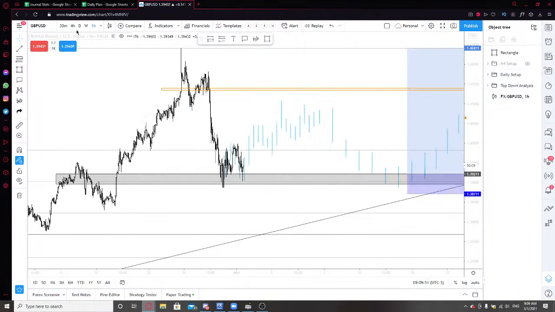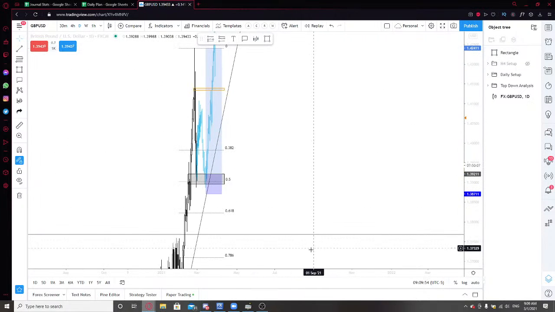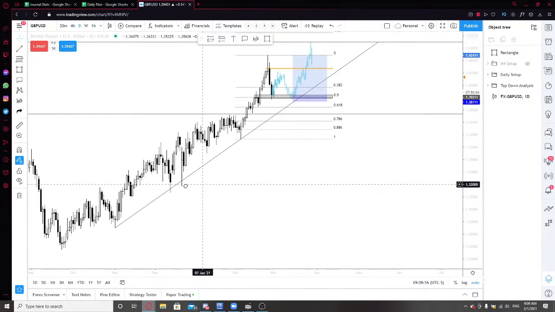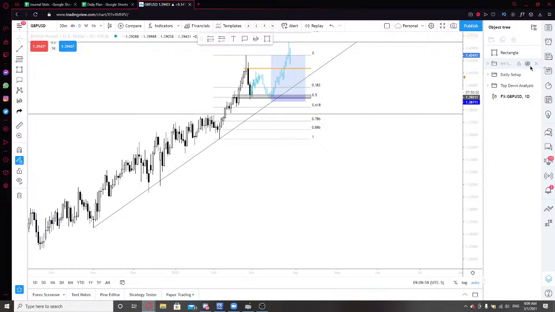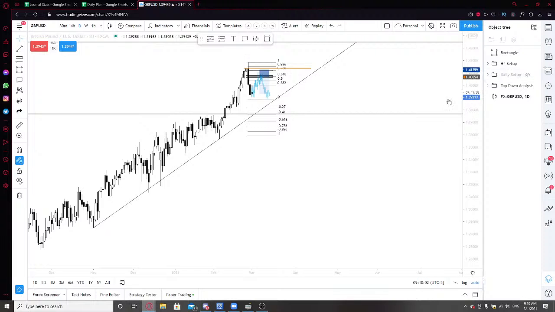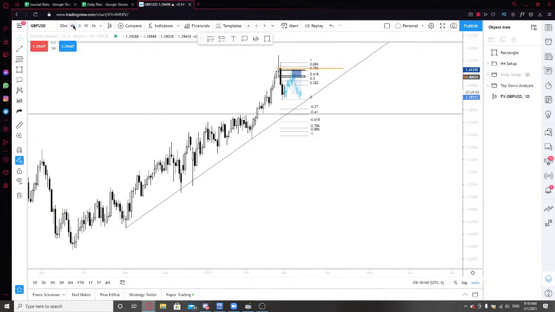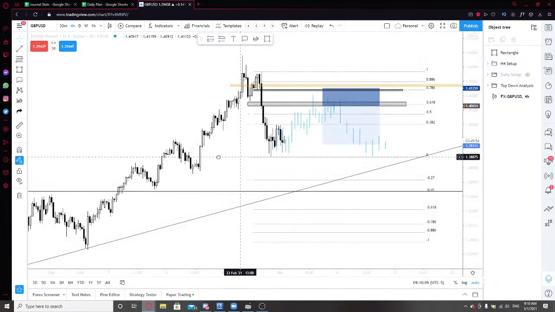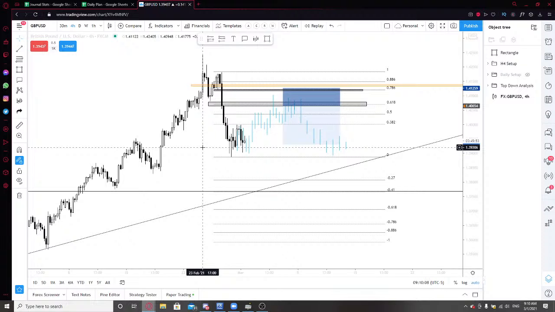Okay. So I have 2 setups on Cable, or pound dollar. And let's go over the 4-hour setup, since that's the one I'm looking for to tap first. Basically, I have a strong impulsive move here.